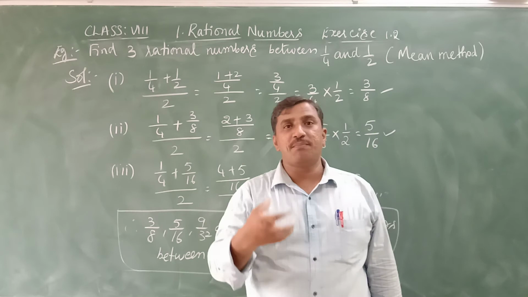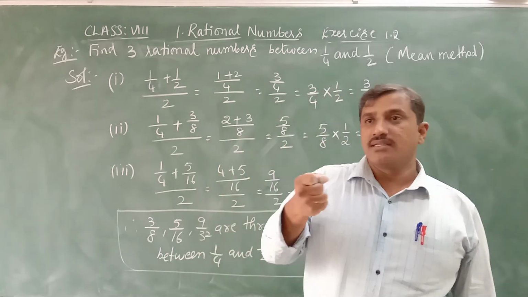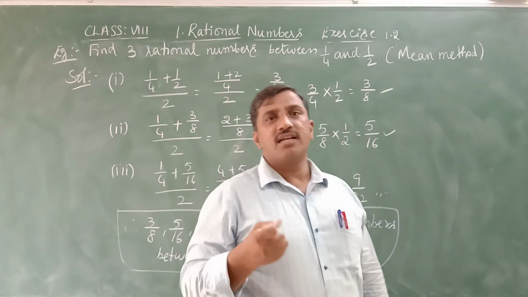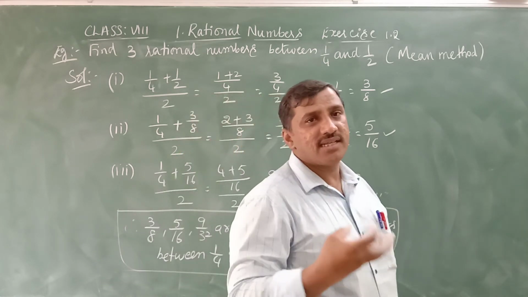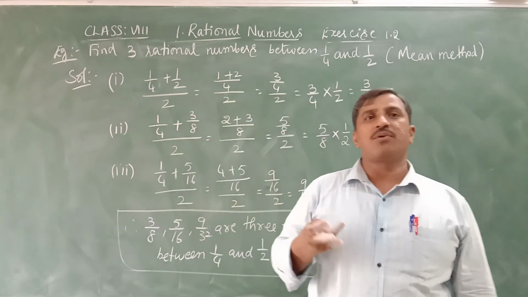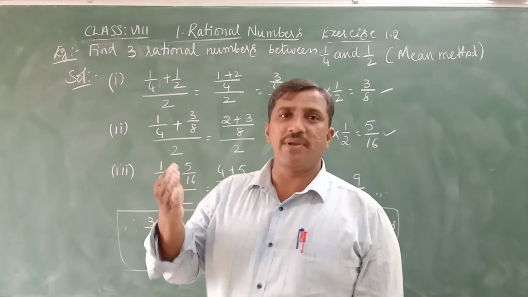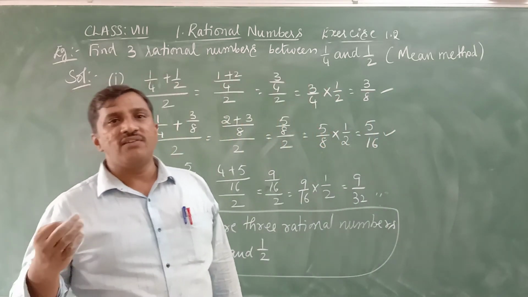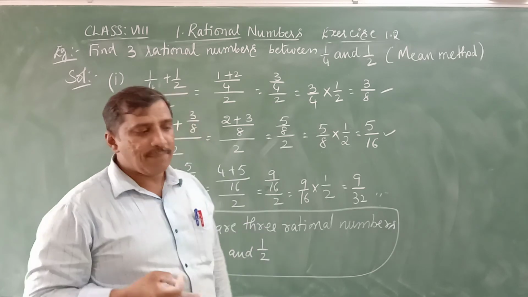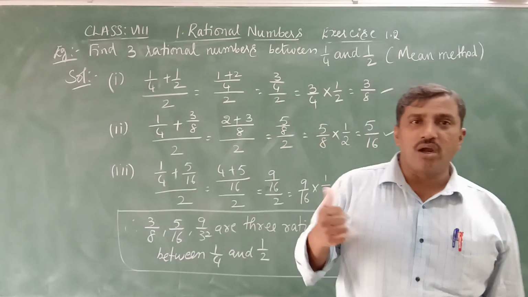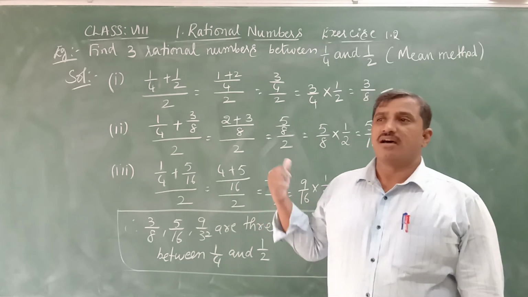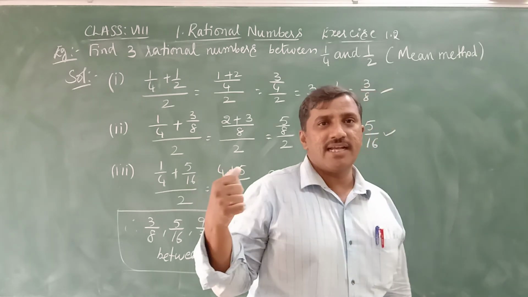Then we have studied the properties of rational numbers. The major concept in this is the properties of rational numbers. So we have discussed the properties: closure property, commutative property, associative property, distributive property, multiplicative inverse property, additive inverse property, identity property under addition and multiplication, that is the role of 0, role of 1, and the nature of negative numbers.